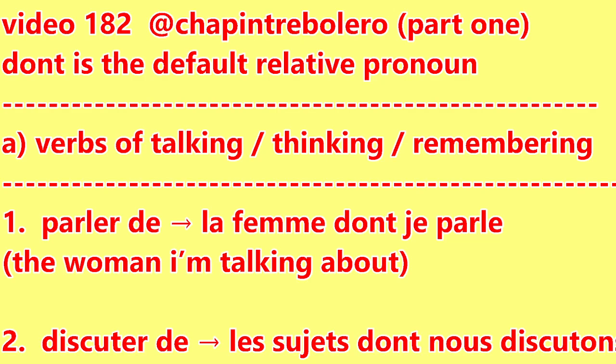Number 2, discuter. Keep in mind we are working with verbs of talking, thinking, remembering. Let me put them together. You can start taking a look so you get an idea, but we're going to be working with those in just a moment.